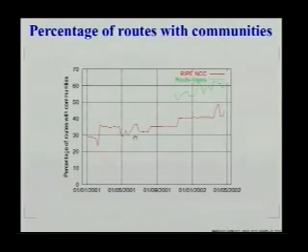So I think that communities are quite widely used. But this growth of the number of communities is also due to the transitivity of the community attribute. So once communities are attached to routes, they remain attached and are propagated through the global internet, unless they are filtered somewhere.